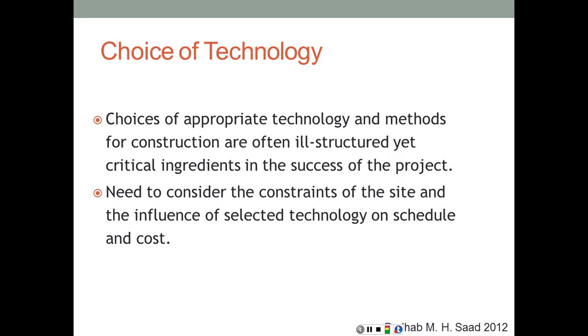We need to consider the constraints of the site and the influence of selected technology on schedule and cost. So again, constraints of the site could be logistical constraints, like access to the site, for example. It could be political constraints. It could be other constraints that might affect the site.